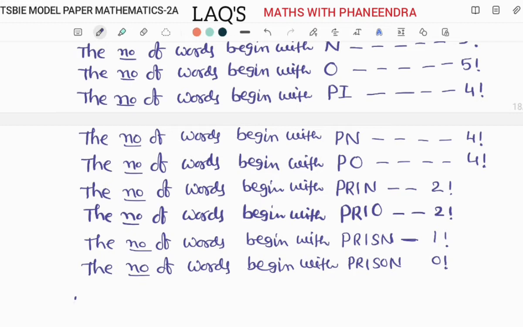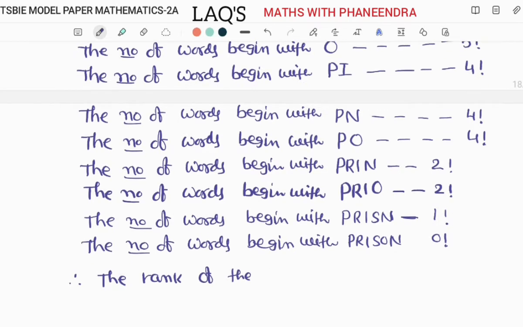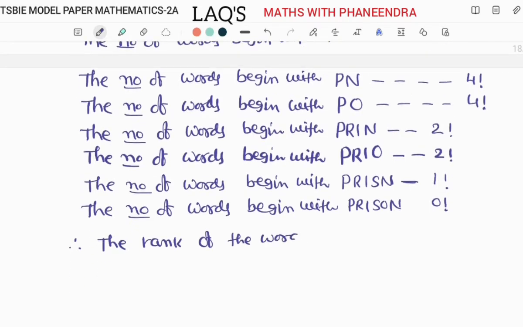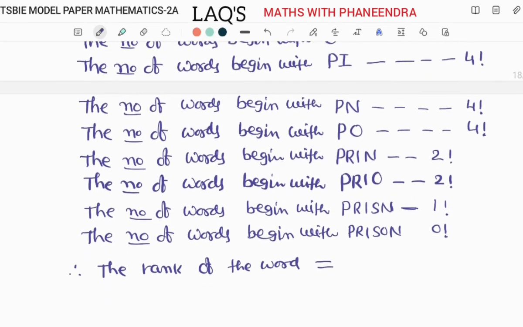Therefore, the rank of the word is equal to 5 factorial plus 5 factorial plus 5 factorial.